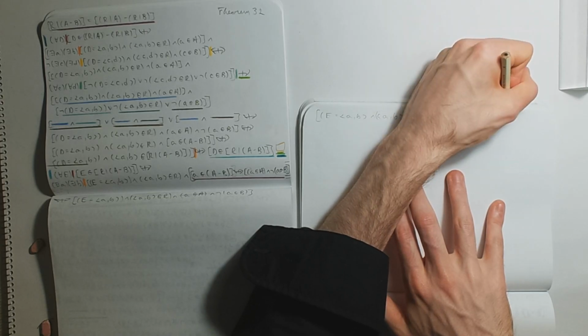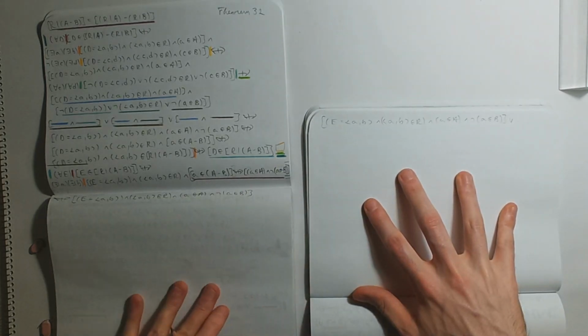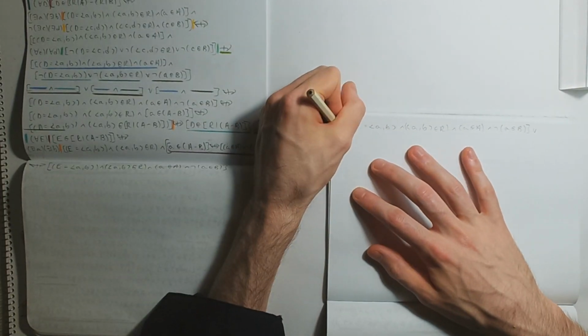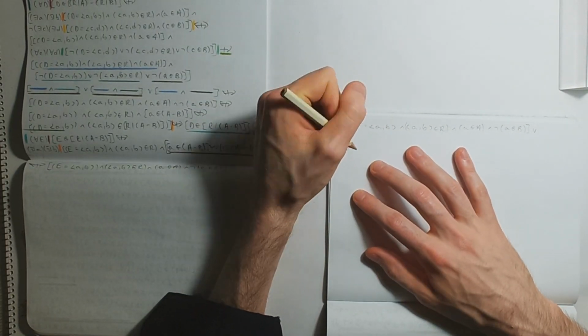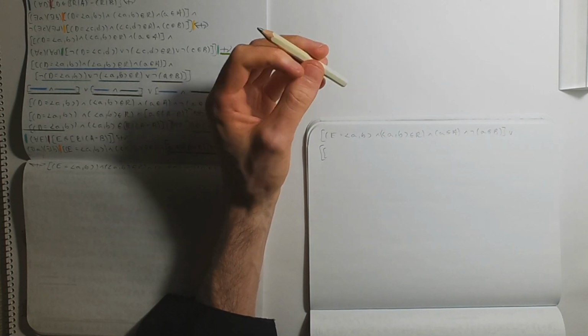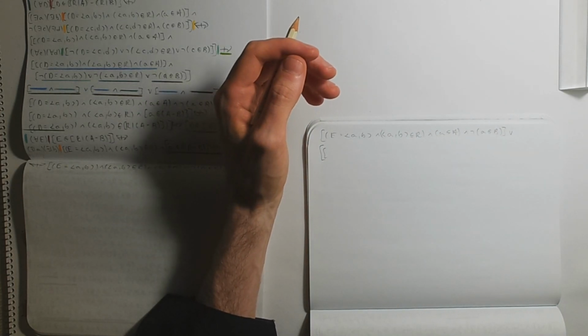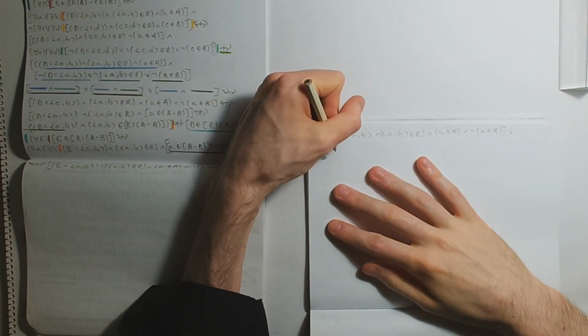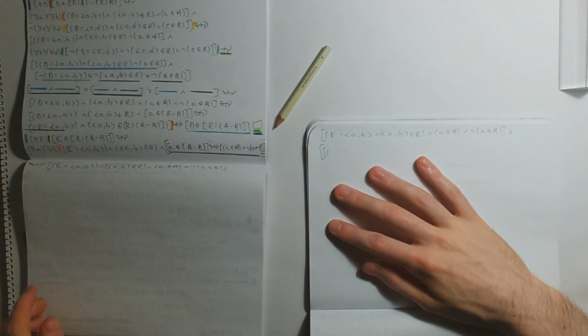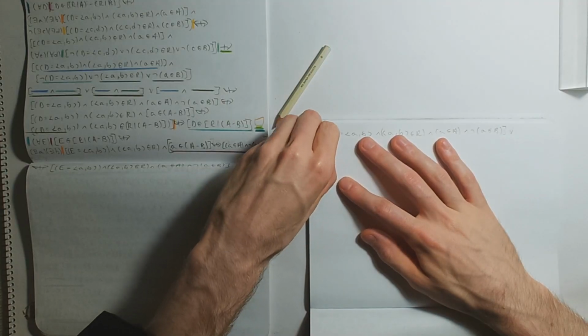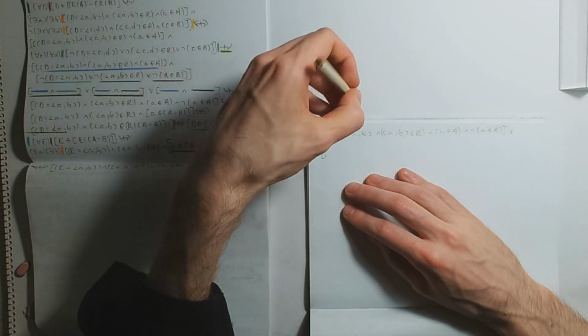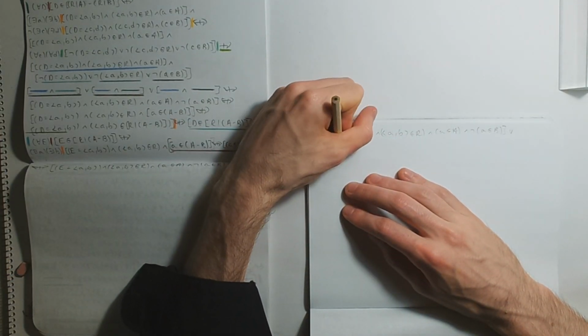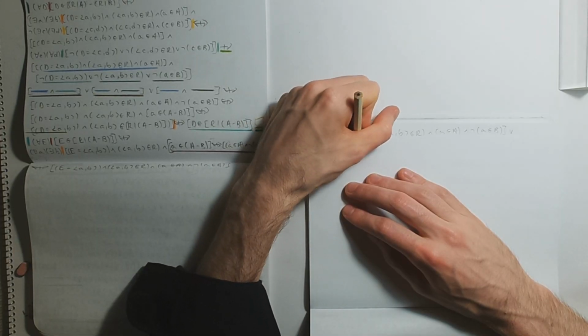And then we OR on not E is equal to the ordered pair AB.